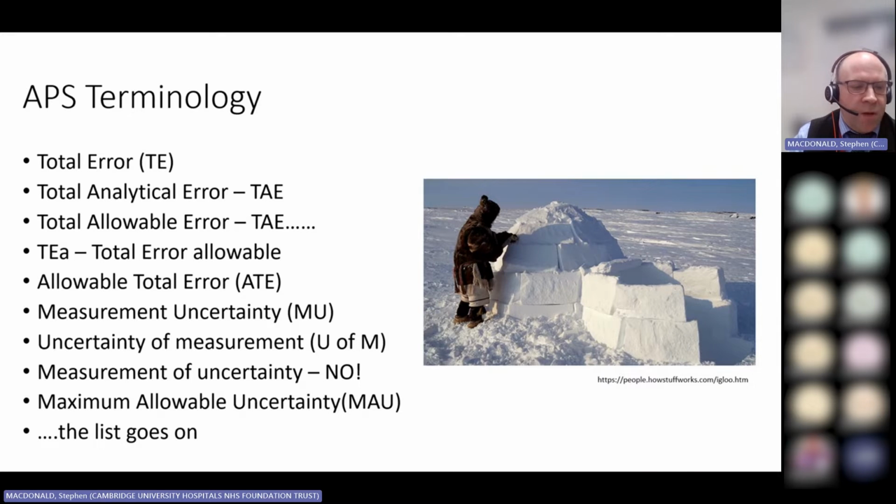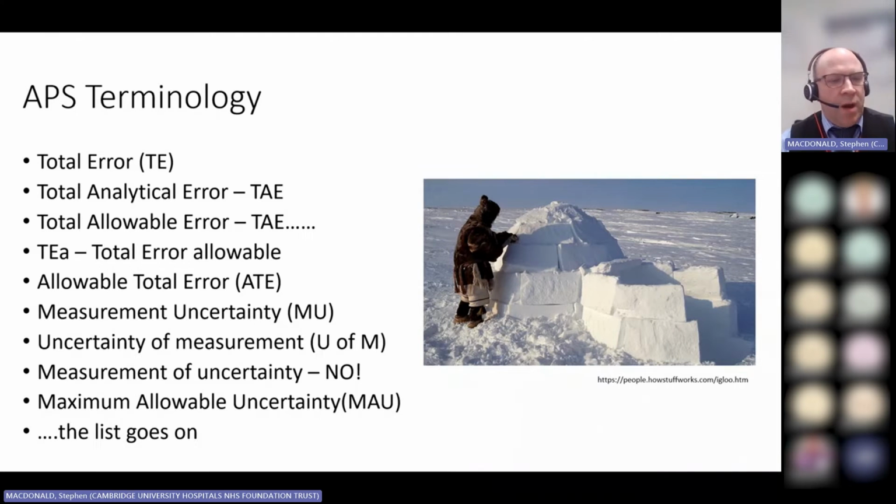It is not measurement of uncertainty, which is a phrase that I hear an awful lot, but that's not a phrase that is actually associated with performance specifications, although it seems to be a common phrase that's used. And if we're looking for performance specifications, there are many associated with measurement uncertainty, but maximum allowable uncertainty is one, Umax is another, and we'll discuss them later on.